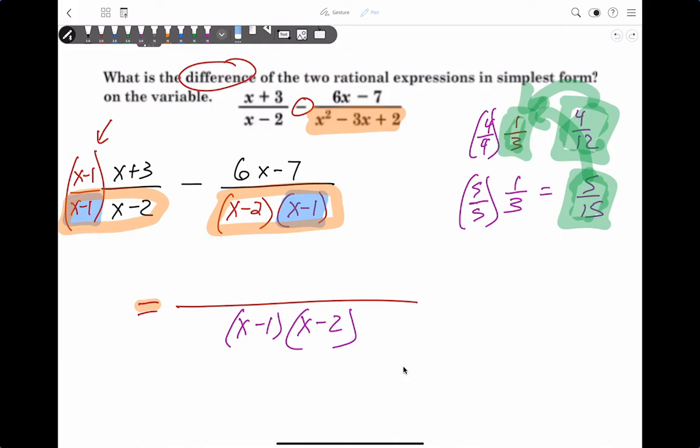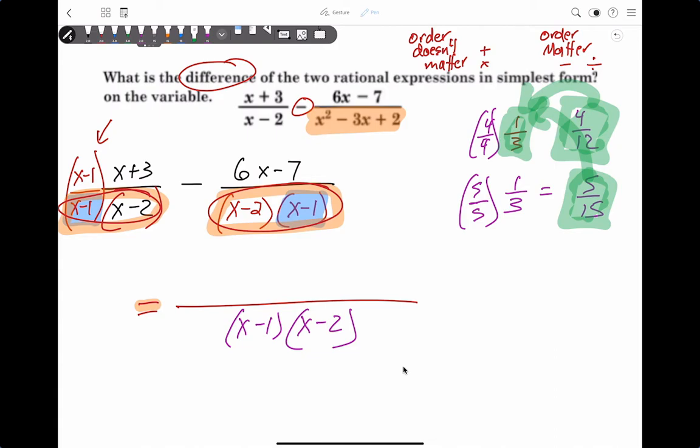Order doesn't matter with addition or multiplication. Order does matter with subtraction and division. So (x - 2)(x - 1) is the same as (x - 1)(x - 2). It means the same because order doesn't matter with multiplication.